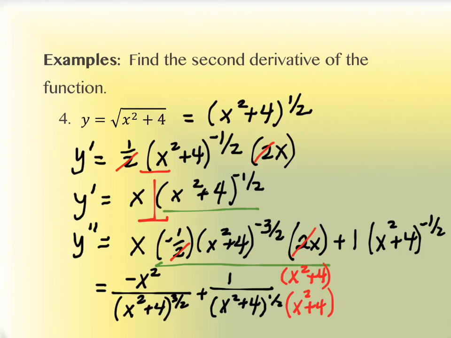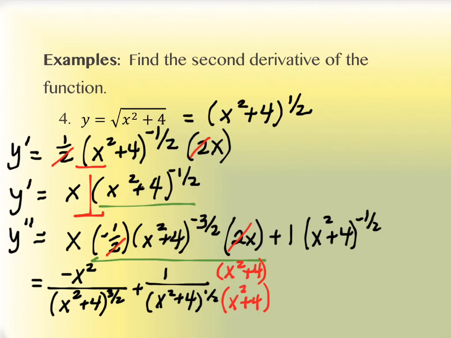Let me go right here. So what ends up happening on the top is that I have a negative x squared here, and I have a positive x squared here.